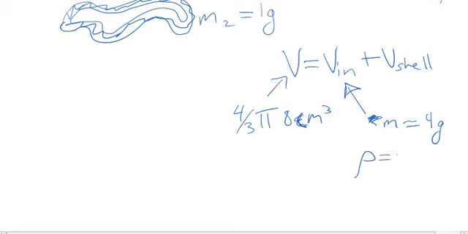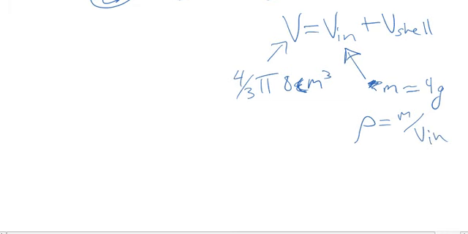So the density is equal to mass over volume of the inside. And so now we know that the volume of the inside is equal to mass over density, and you use a density of water here. And so we know this M is 4 grams, and we know this density is rho, the density of water. And so now we know what V in is.